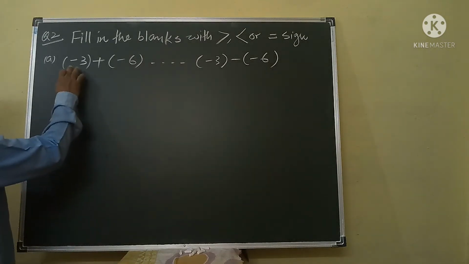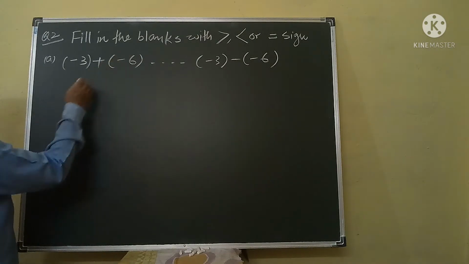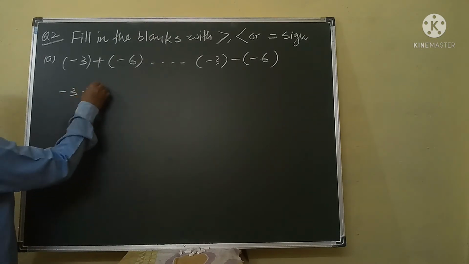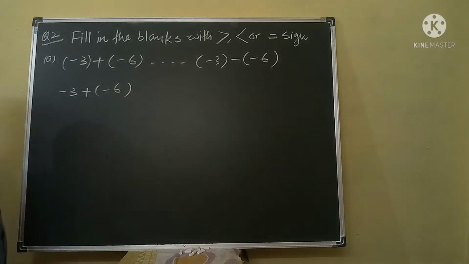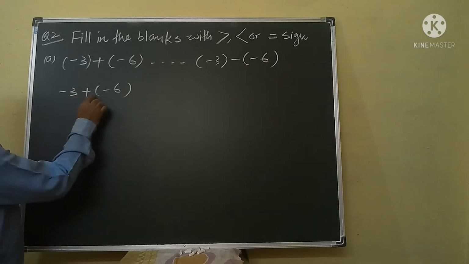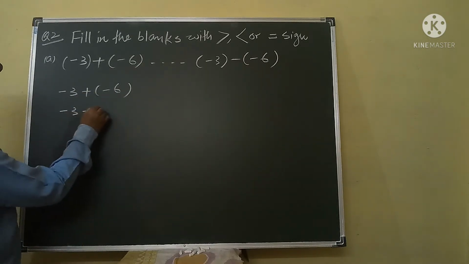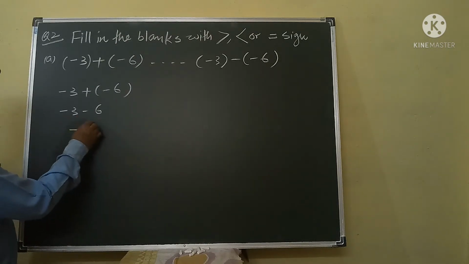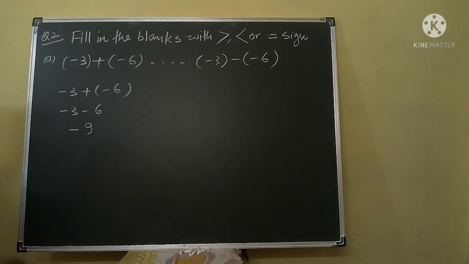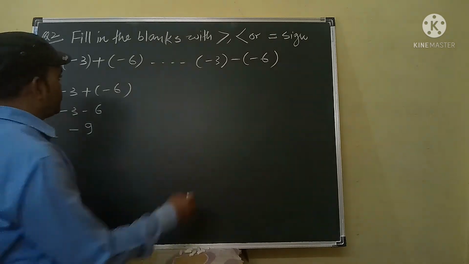Now look here. This is minus 3 plus minus 6. You have two negative integers. Okay. And plus minus will give you minus. Minus 3 minus 6 will give you minus 9. Okay.